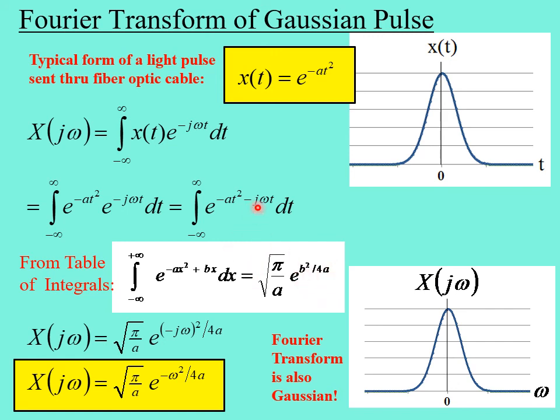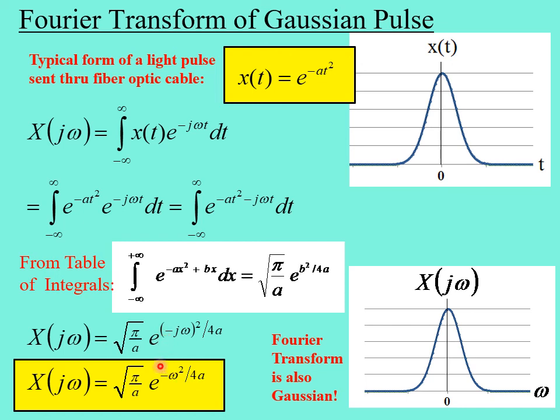By making the appropriate substitutions there, we get the following form of our Fourier transform. And what happens here is this minus j is squared, and remember j squared is just negative 1. And then this minus sign here is squared, which becomes positive.